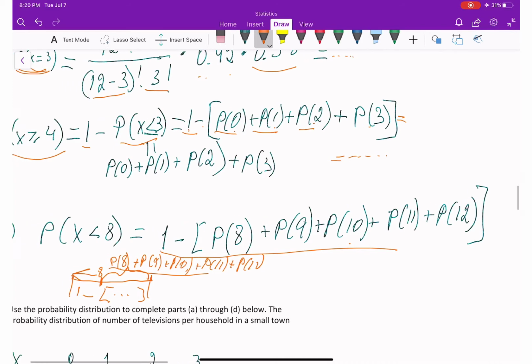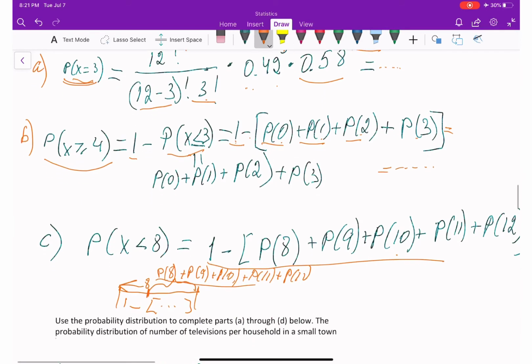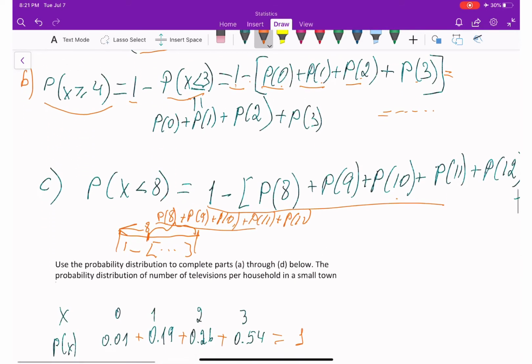You are plugging exactly the same way into this formula here. N is 12, x is 3, you plug 3 here, and 12 minus 3, and so on. So every time you take a different x, add them up, and then subtract from 1, and you will get your answer.